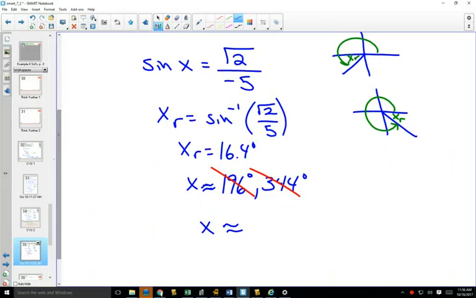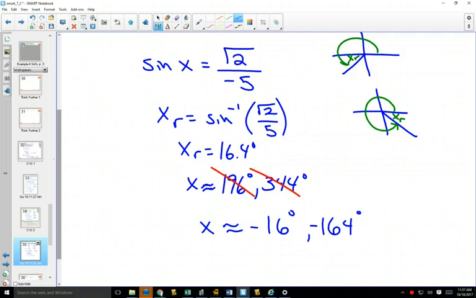Since our reference angle is 16 degrees, can you see that this one in quadrant 4 would be negative 16 degrees? And the one in quadrant 3 would be 180 minus 16 degrees, 164 degrees negative.